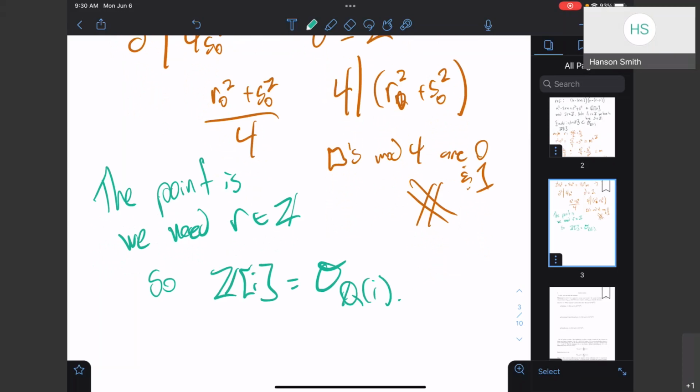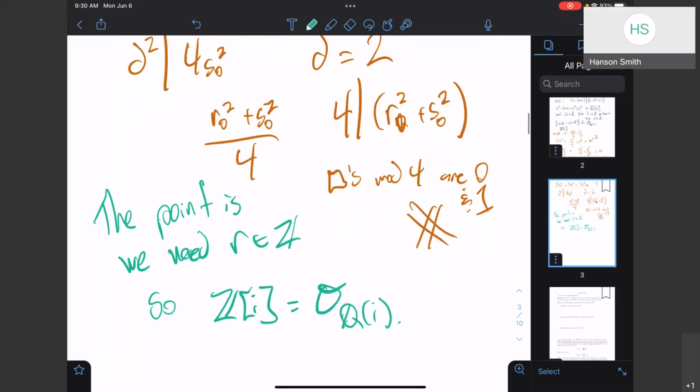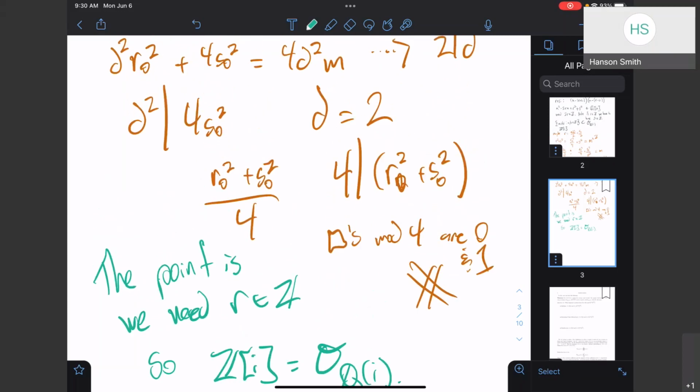Your contradiction was that squares mod 4 are 0 or 1, and r naught and s naught are odd. So r naught squared mod 4 and s naught squared mod 4, the sum of squares must be 2 mod 4. Right, that's not divisible. Yeah, we're looking at this.